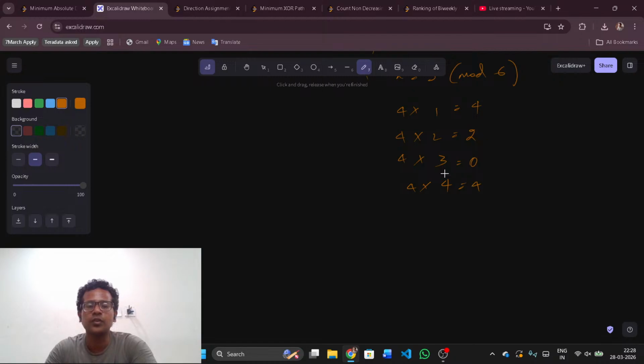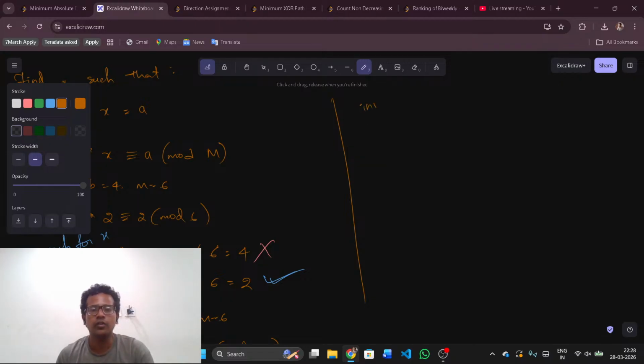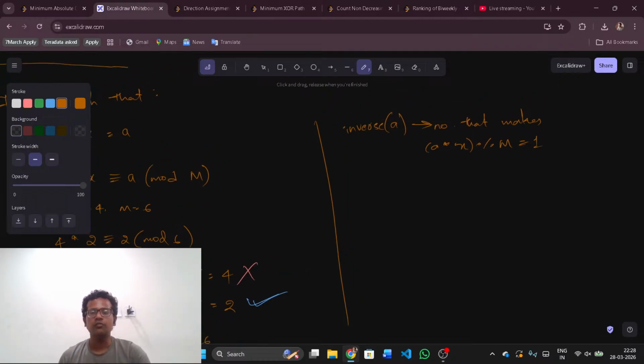The inverse of A is a number that makes A into X mod M equal to 1. Let me tell you why we are doing this.